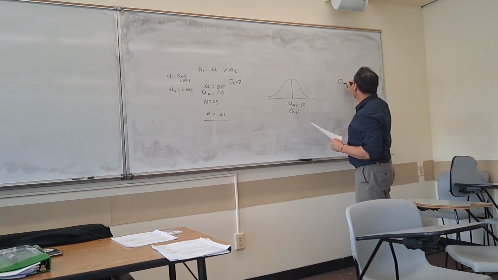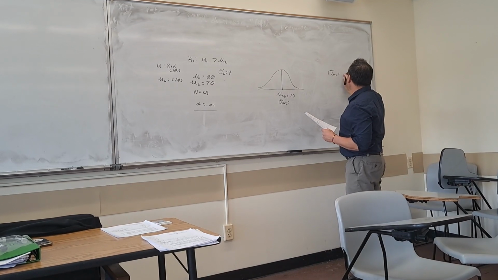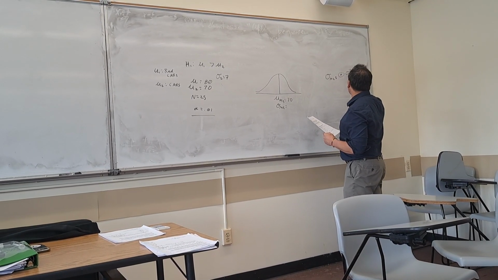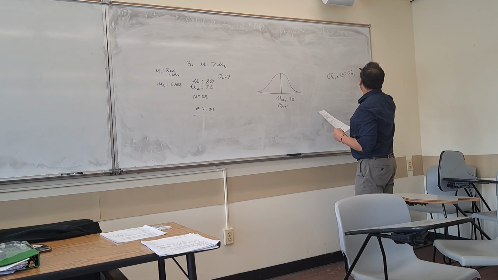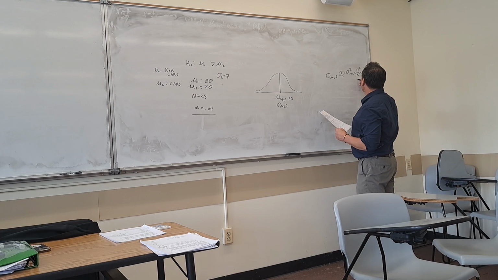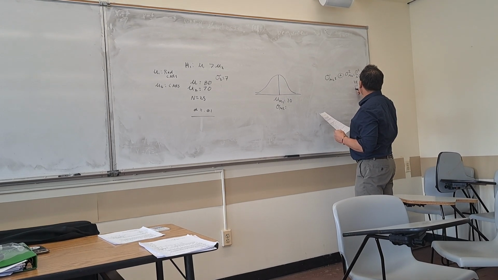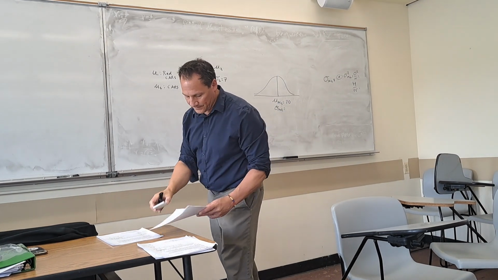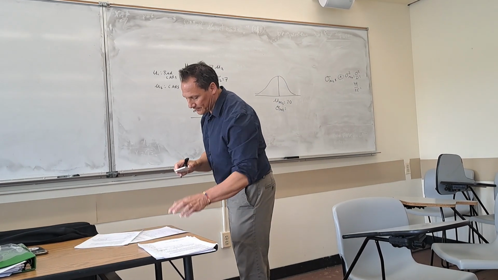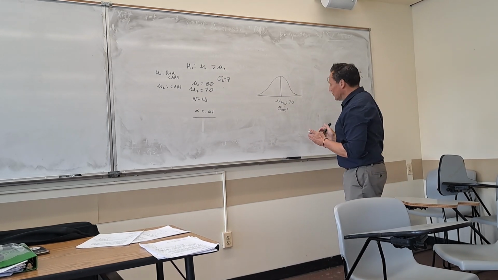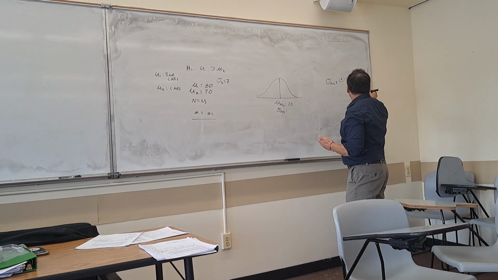To get sigma sub m sub 2, we have a two-step process. First, we have to get sigma squared sub m sub 2, which is sigma squared over n, which is 49 over 25, which is 1.96.